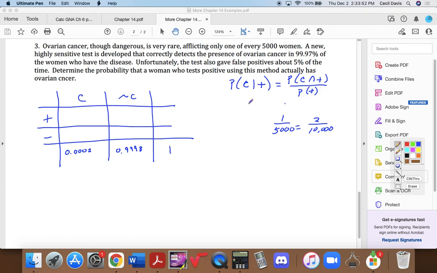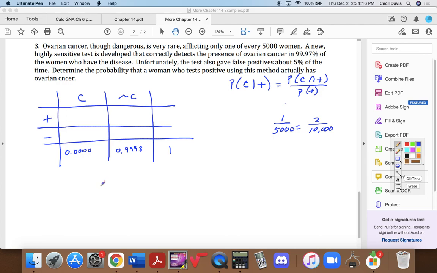All right, so notice it says it correctly detects the presence of ovarian cancer in 99.97% of the ones who have the disease. So these are the people who have it. Out of those, it's going to find it 99.97% of the time. What do we do with that, and where do we put it? Top left quadrant.